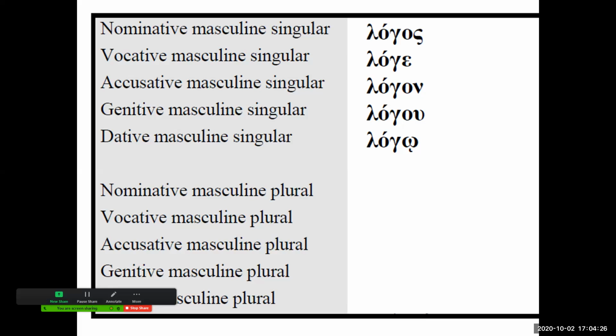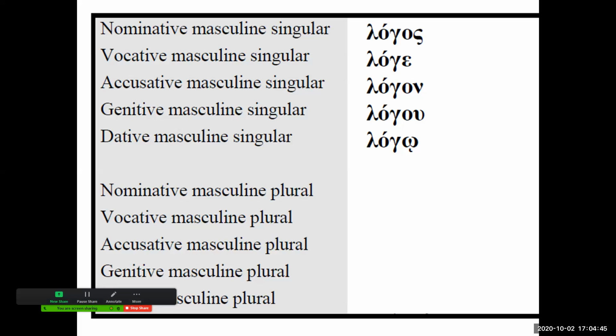But notice that the word logos that we have in our vocabulary on page 55 changes. The endings change depending on the function of the word. The vocative case is the case of addressing someone.